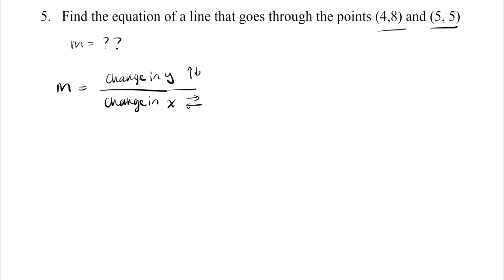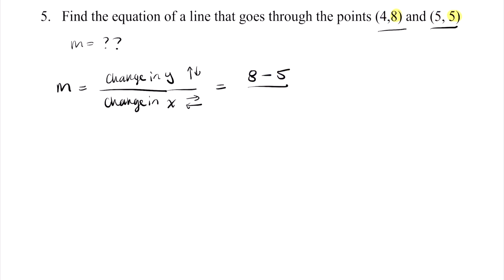So let's look at this. We have 2 y values. Our y values are 8 and 5. So let's start with those. So we're going to find the change in these. 8 minus 5 will give us a change in the y values. And now for the change in x, let's focus on 4 and 8. So we did our 8 and 5 here. Now we're going to do our 4 and 8.